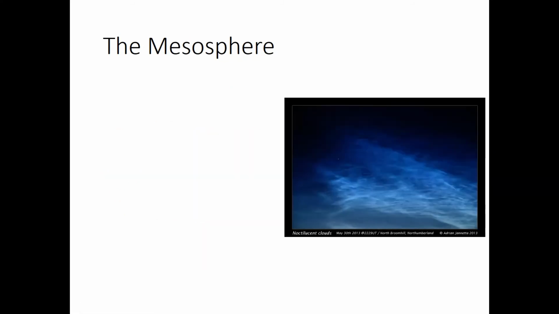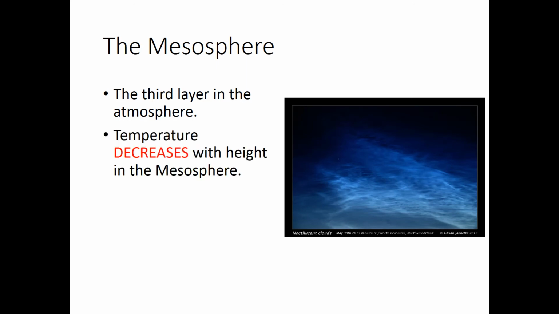Now, going above the stratosphere, we get into what's called the mesosphere. This is really the only time I'm going to talk about the mesosphere. The mesosphere is the third layer in the atmosphere. In the mesosphere, temperature again decreases with height. So once we pass that ozone layer, we lose the warmth, and temperature decreases with height again.